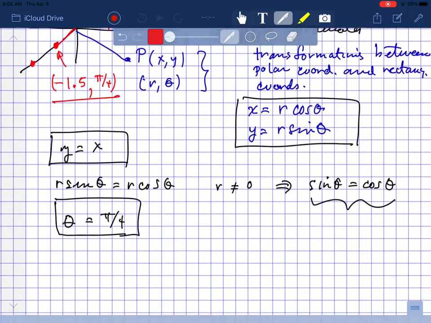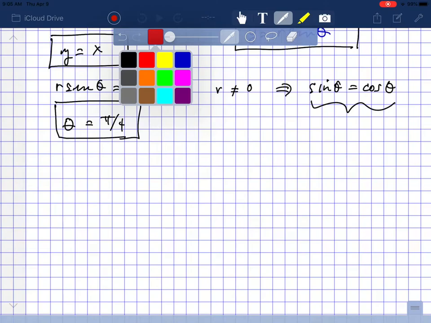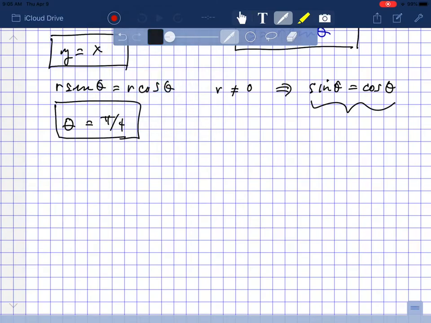Let's take another example. Let's look at this line here.